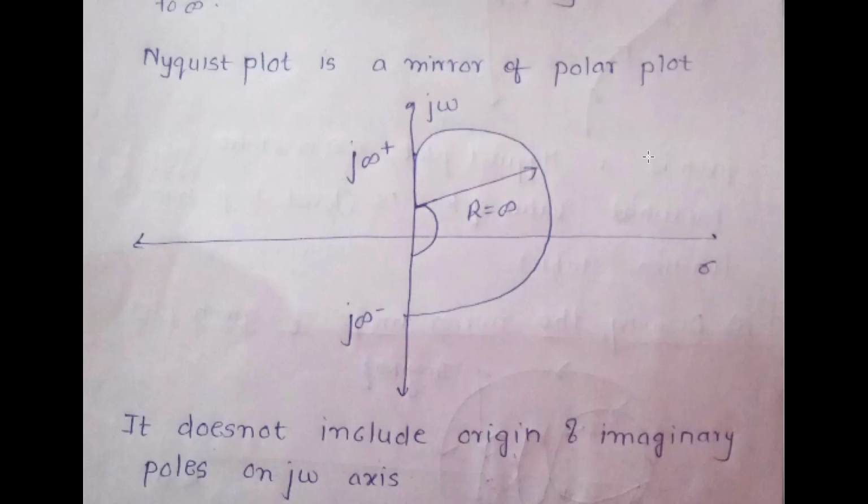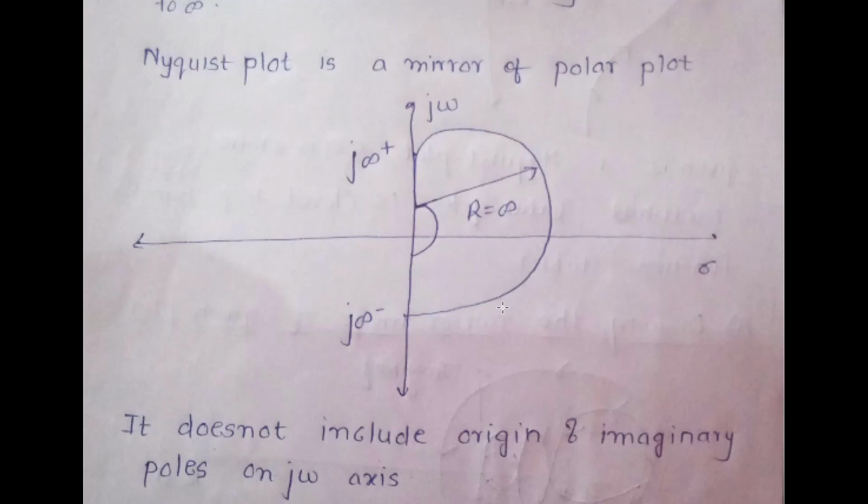As I told you, a Nyquist plot is nothing else than a continuation of the polar plot. A Nyquist plot is a mirror of the polar plot. It has this plot in which the origin is not included. The radius goes from minus infinity to plus infinity. So that is the Nyquist plot.